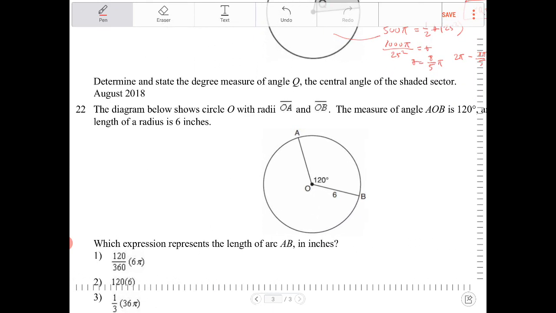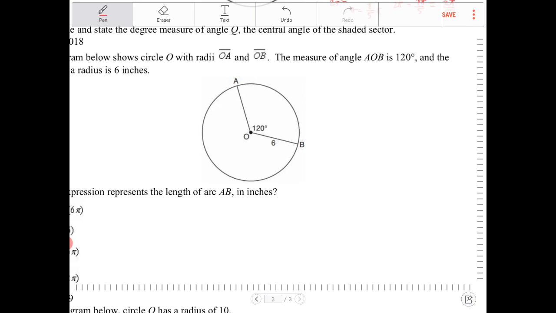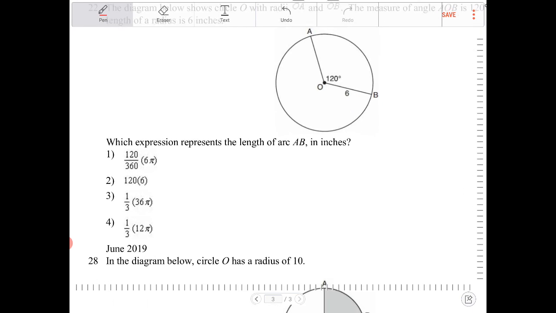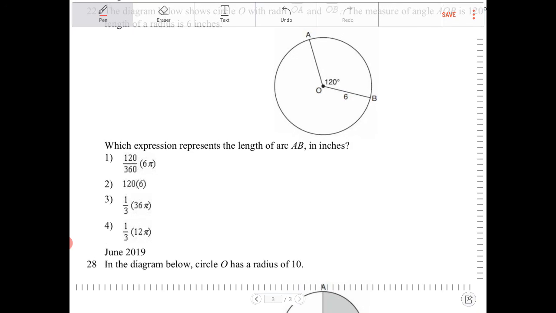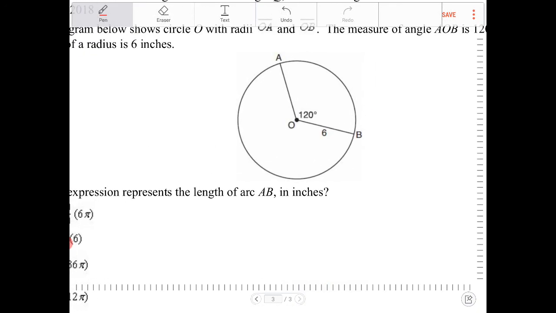Alright, 22. The diagram below shows circle O with radii OA and OB. The measure of angle AOB is 120 degrees, and the length of the radius is 6 inches. Which expression represents the length of arc AB in inches?